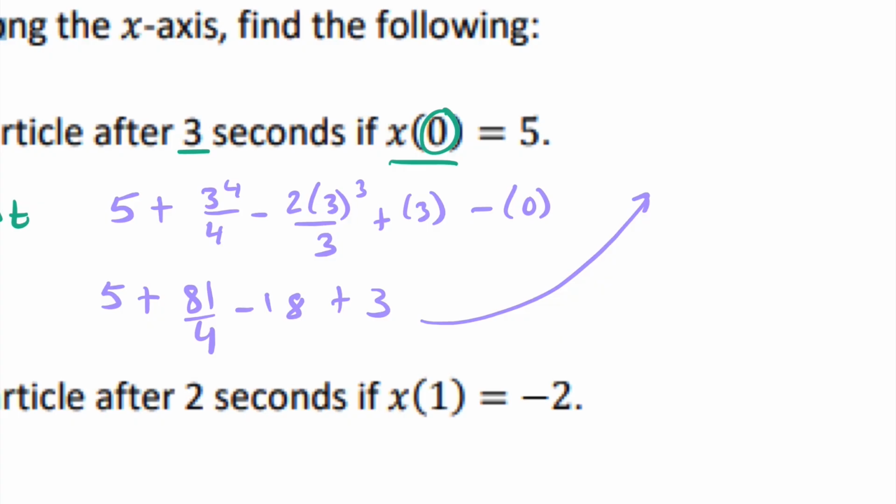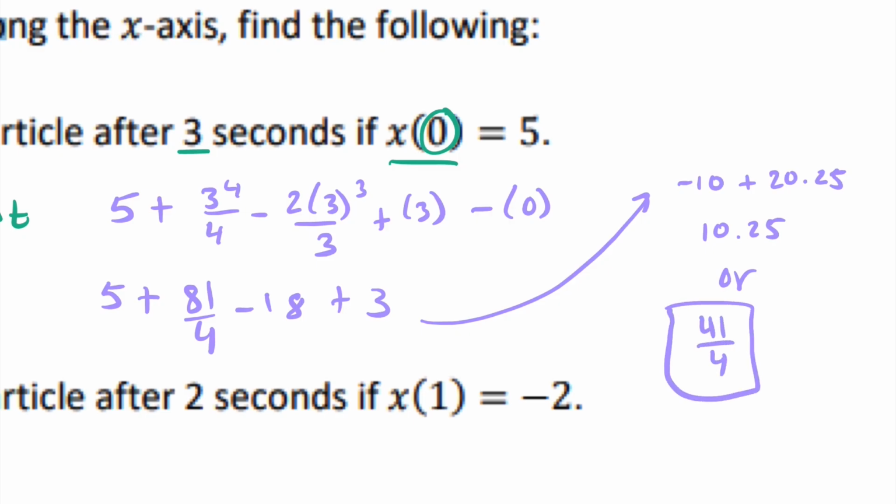We get negative 10 plus 20.25. So it's 10.25, or we can say 41 fourths. We want to leave it in a perfect fraction right there.